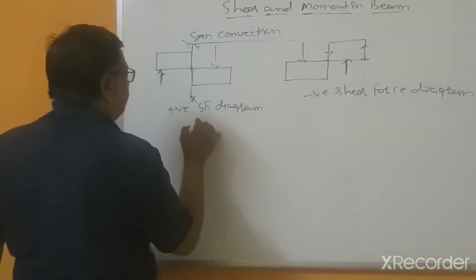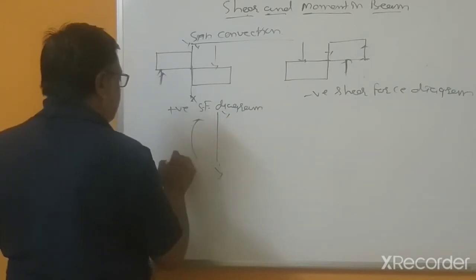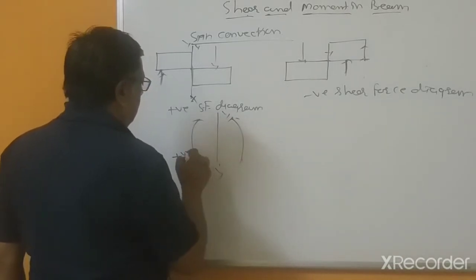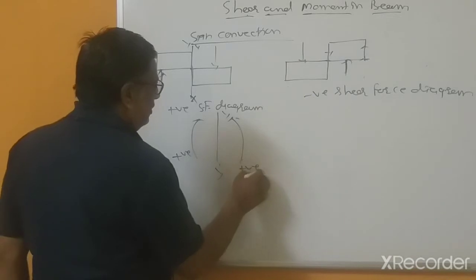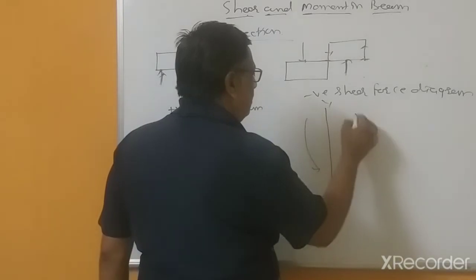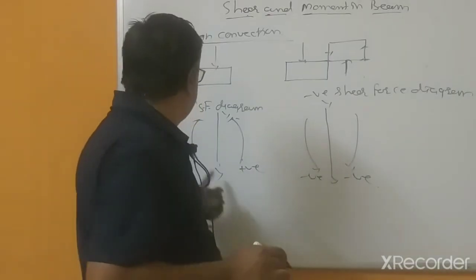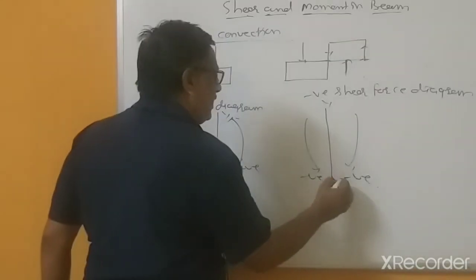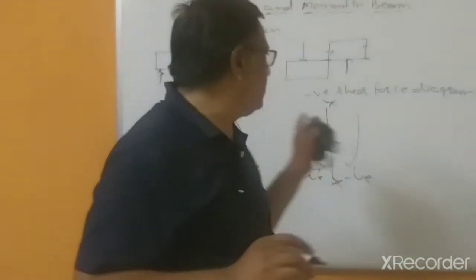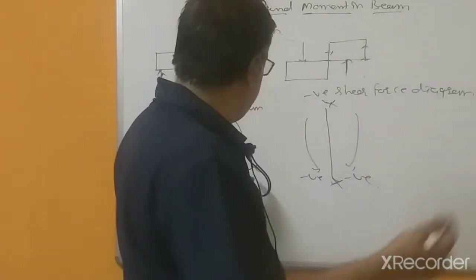And bending moment. If the moment on the right hand side is clockwise, and this is anti-clockwise, in the left hand side this is negative. So this is the x axis. Clockwise moment, if the section is in the left hand side, is positive, and anti-clockwise moment on the right hand side is positive.